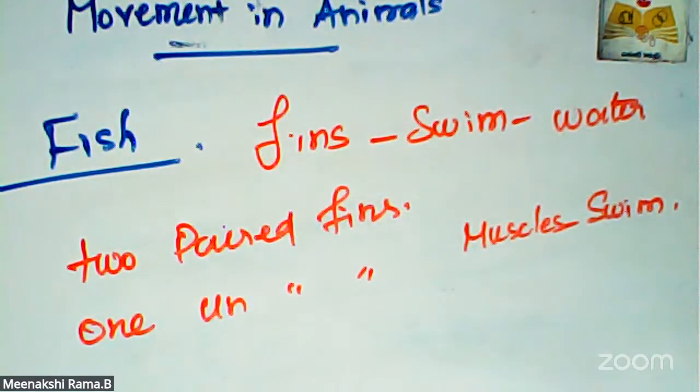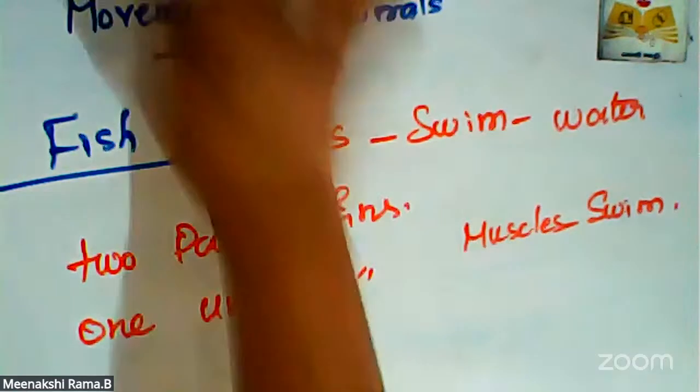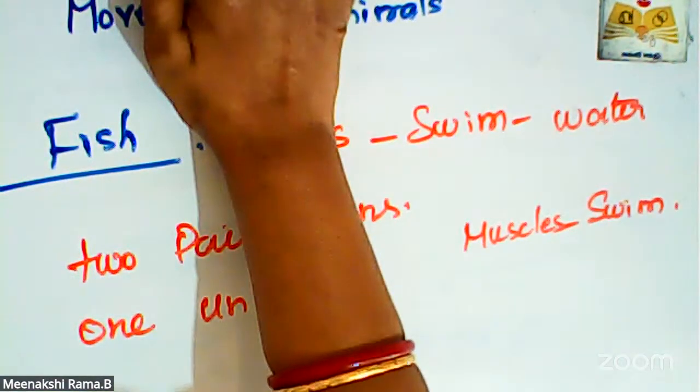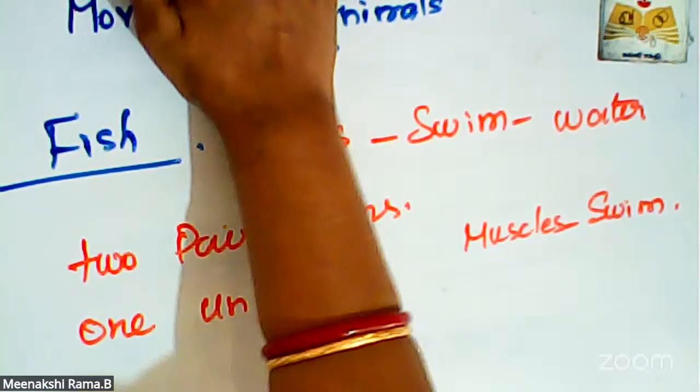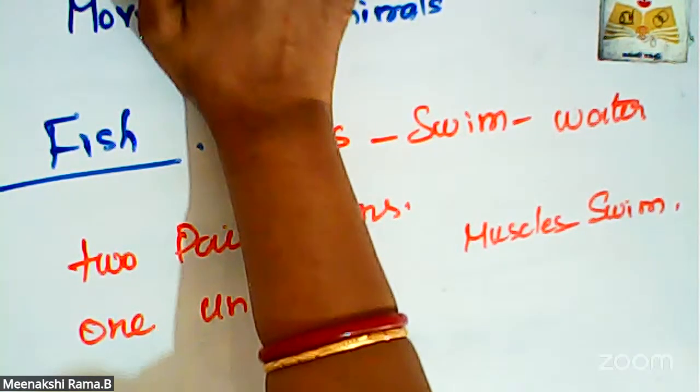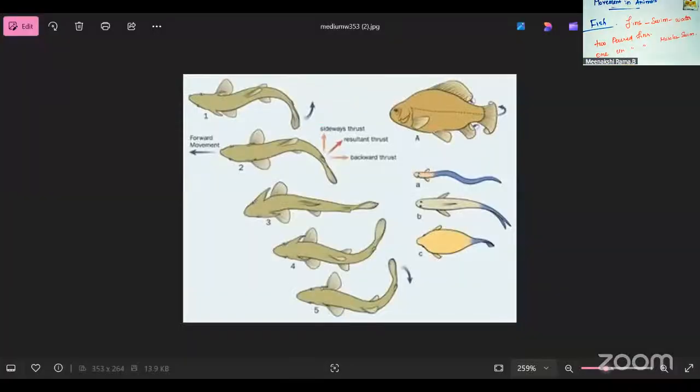So they have strong muscles. When fish swim, the front part curves to one side and the tail part stays in the opposite direction. So this action is also different. Yes, this is the movement of fishes.